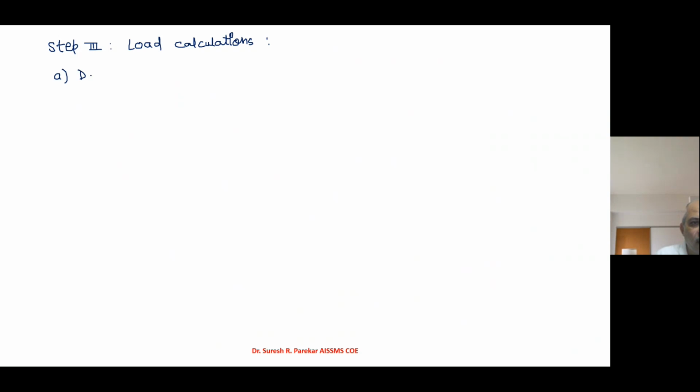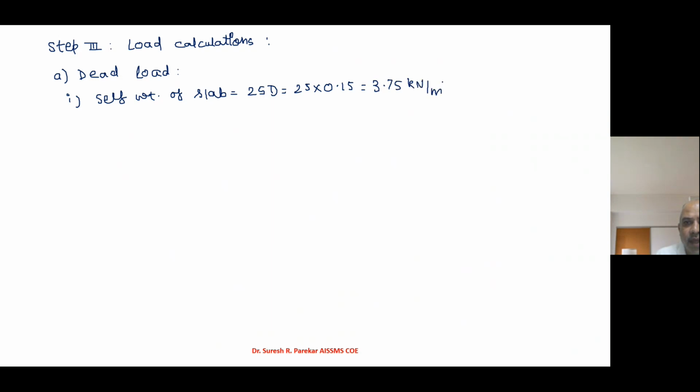In dead load, first is self weight of slab, which is 25 into D. 25 is the unit weight of concrete and this is capital D. So 25 into 0.15 gives 3.75 kilonewton per meter square.